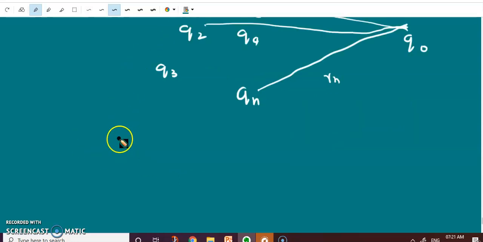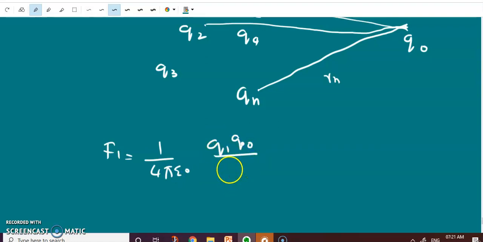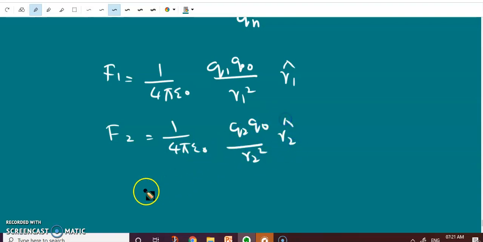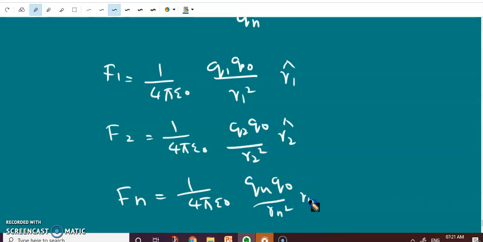So F1 is equal to 1 by 4 pi epsilon 0 Q1 Q naught divided by R1 square, vector R1 cap, and F2 is equal to 1 over 4 pi epsilon 0 Q2 Q0 by R2 square, R2 cap, and similarly Fn can be written as 1 over 4 pi epsilon 0 Qn Q0 by Rn square, vector Rn cap.